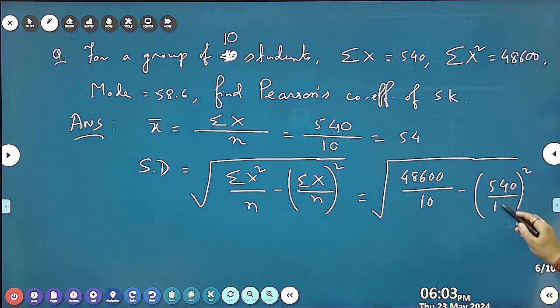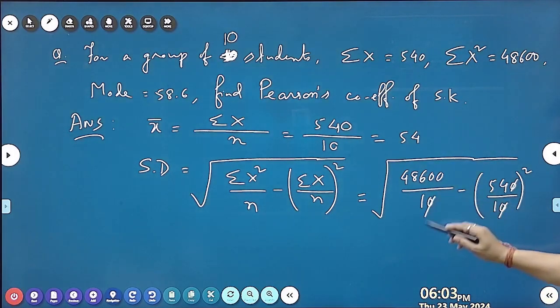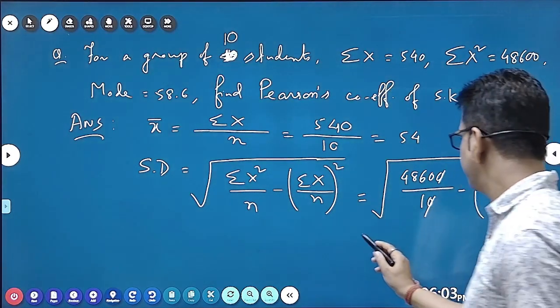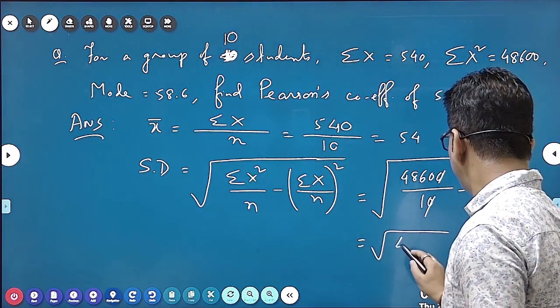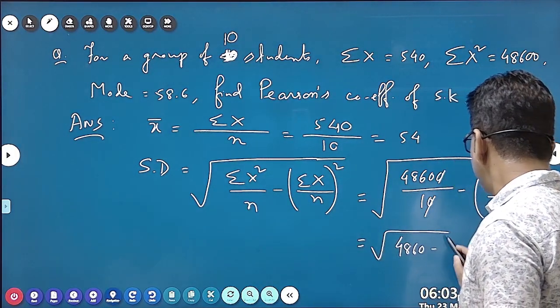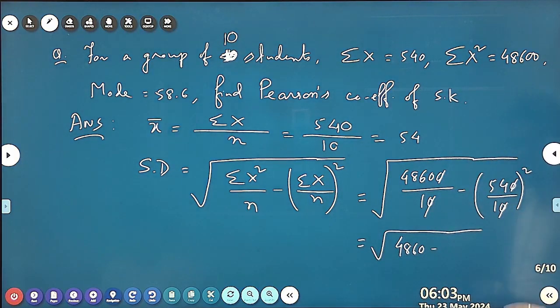N is again 10. Done now? So easy now. This 0 get cancelled. Here also this 0 get cancelled. So this is equal to 4860 minus 2916. Okay, so 2916. And you can round it off anyway.